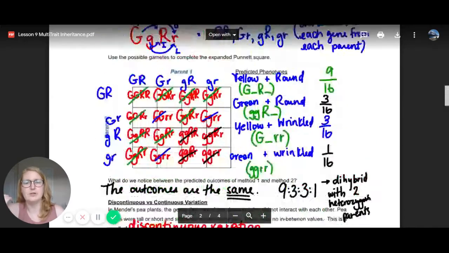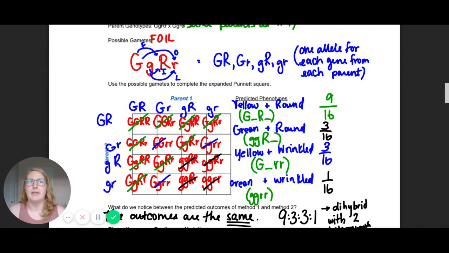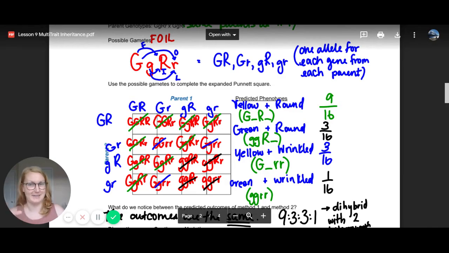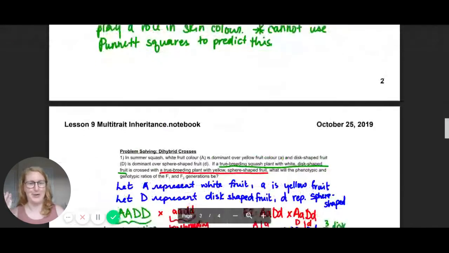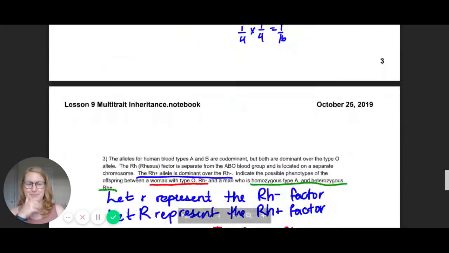Your whole answer actually is going to look pretty much identical to this. The difference being that you're going to have whatever allele names you've made. So it won't be G and R, it'll be A and D or whatever names you've given it. So again, you choose your own method. In the end, you should get the exact same outcome. So that's totally your call. I just find product law is much, much easier to use.